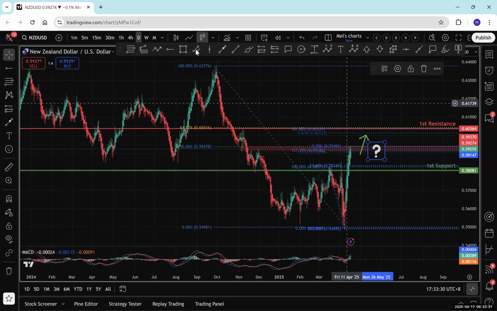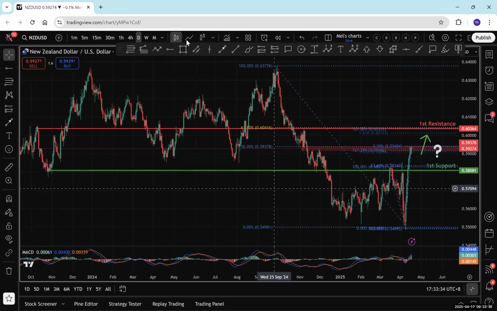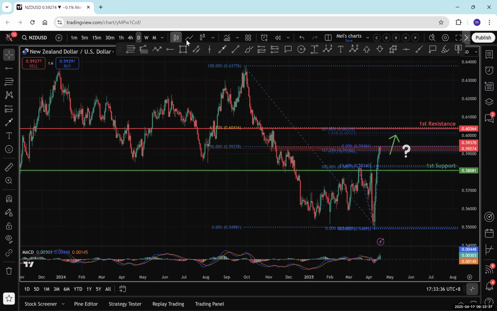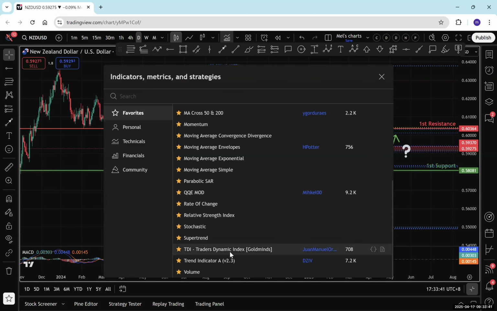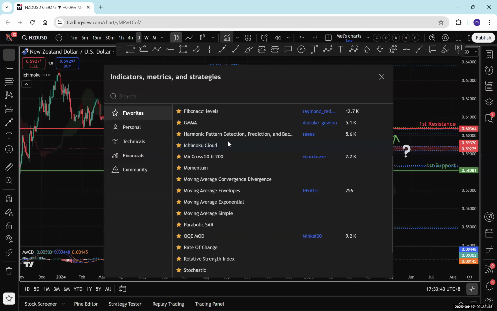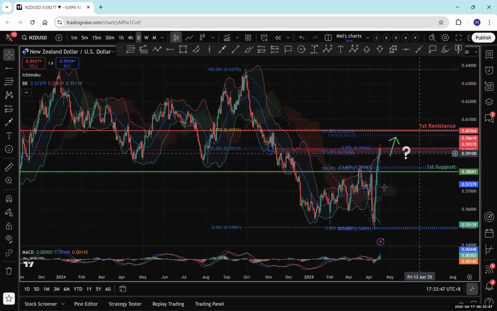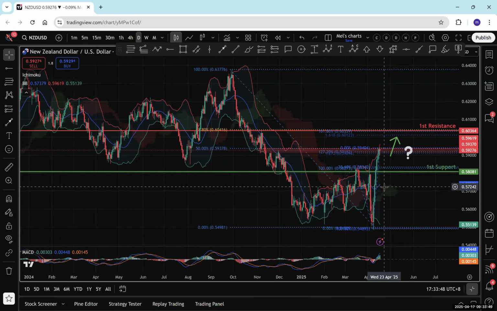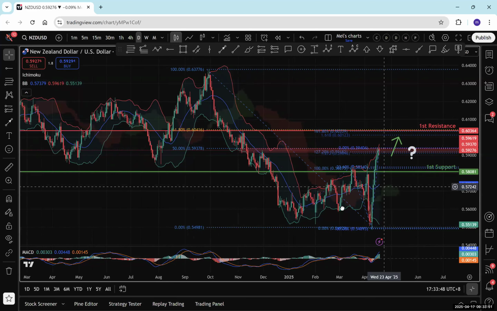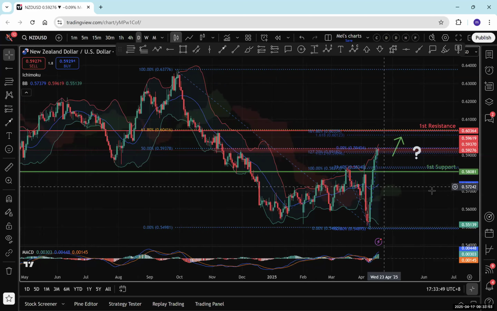For MACD, prices are giving us a bullish signal. What happened to the Ichimoku? Oh, here. And we can also look at Bollinger Bands. Okay, prices are moving above the cloud, so that's giving us a bullish signal as well.